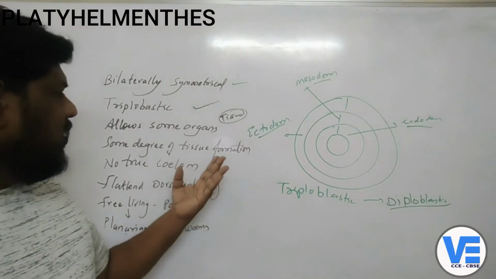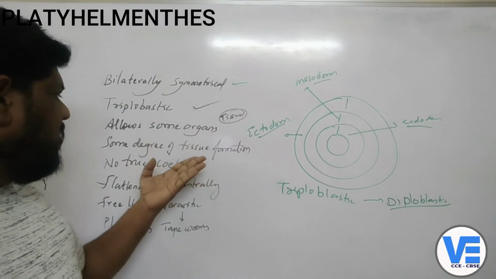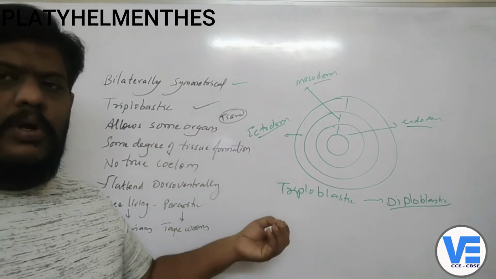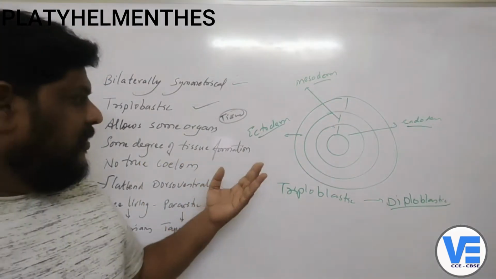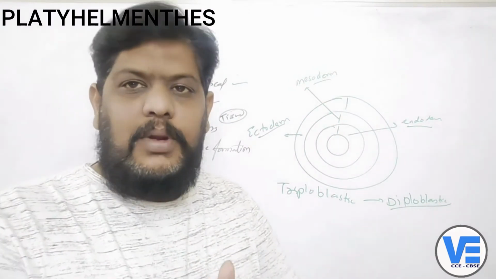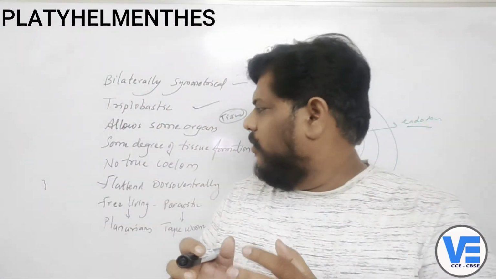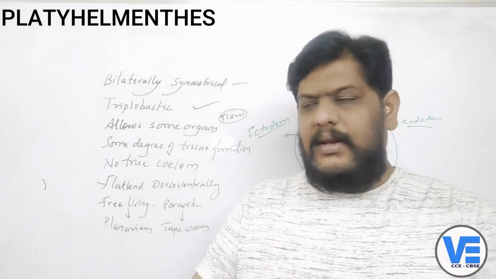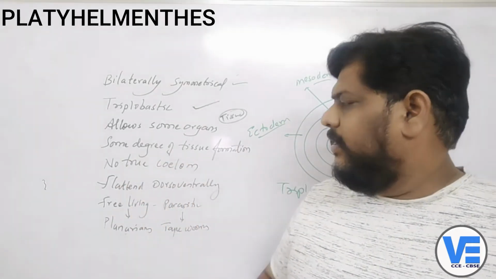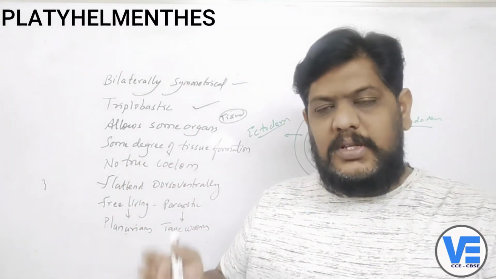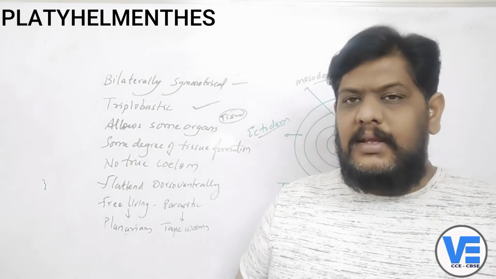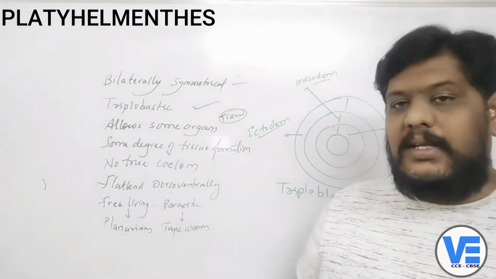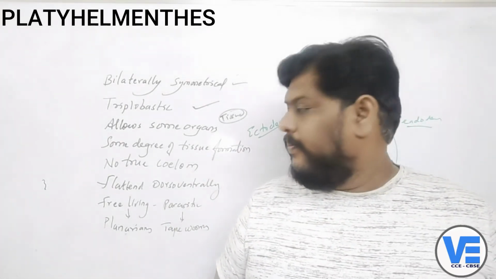Because the differentiation level is a bit low, the organs which are formed are also very few. So only a little organ formation will be there in this particular phylum, which is called Platyhelminthes. And now next is that no true coelom is there.